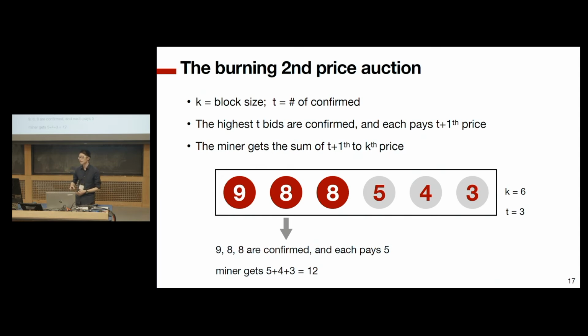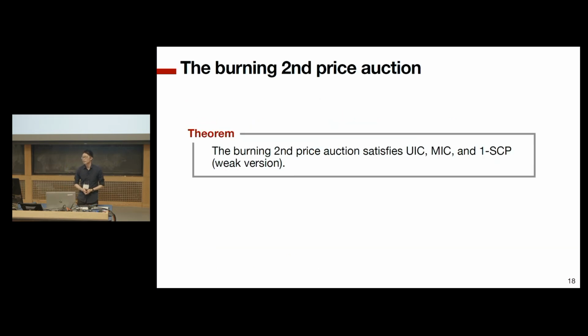In this case, it's 5 plus 4 plus 3, which is $12. We show that the burning second price auction actually satisfies UIC, MIC, and 1SCP. So that satisfies all 3 properties. This is the dream mechanism we want. But of course, this is in the weak version, if we only consider the weaker adversary.